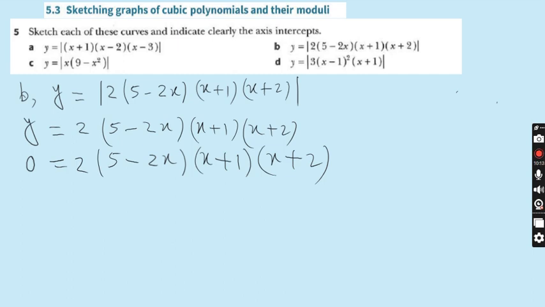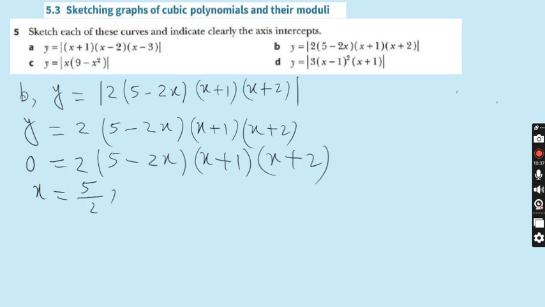From here I am writing the values of x directly, because you are O level students and you can solve easily. If the equation is already factorized, just take 5 minus 2x equal to 0. This gives you x equals 5 upon 2.